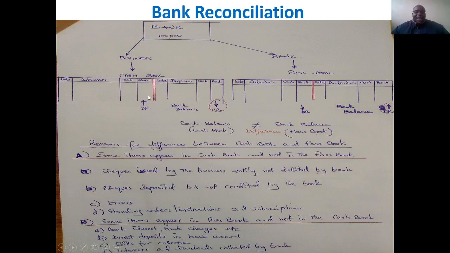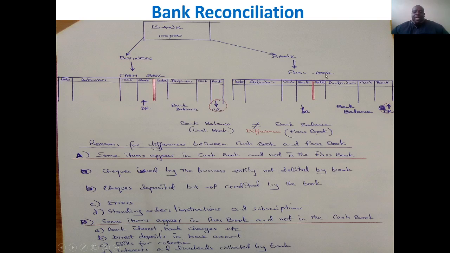When the money flows into the business, the cash book bank column is debited with that amount. And if the money flows out of the business, that transaction and the amount of money is recorded on the credit side of the cash book bank column.